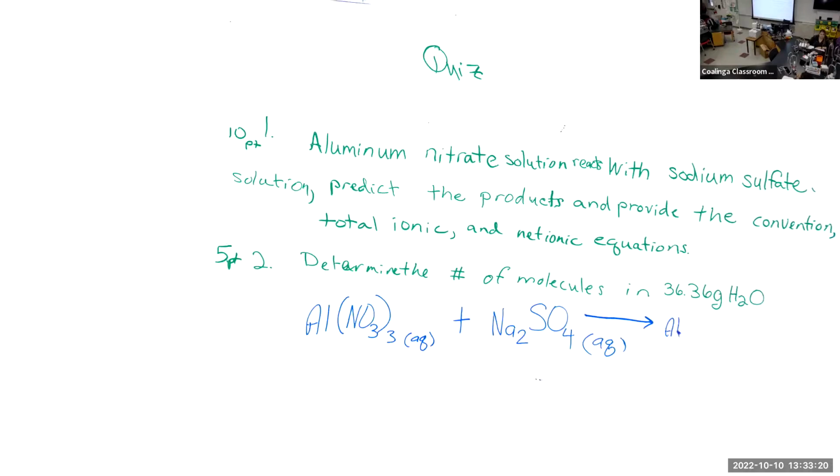Al one is the SO4, SO4, plus NO3 in parentheses 3 and aqueous still. NO3 in parentheses. Down, you said in parentheses. Yeah, with 3.